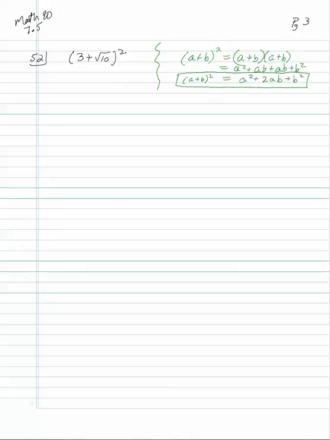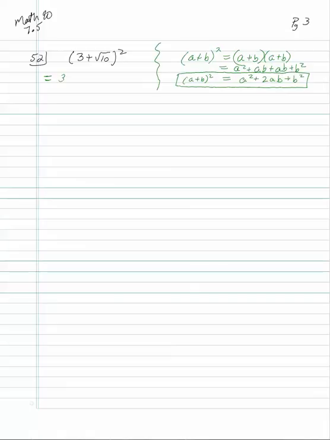And it works the same for radical expressions. If you have two terms, 3 plus square root of 10 squared, remember the 3 is going to be the a and the square root of 10 is going to be the b. And if you don't memorize the formula, just do 3 plus square root of 10 times 3 plus square root of 10 and FOIL it. No big deal. But, you know, it's nice to learn this formula.